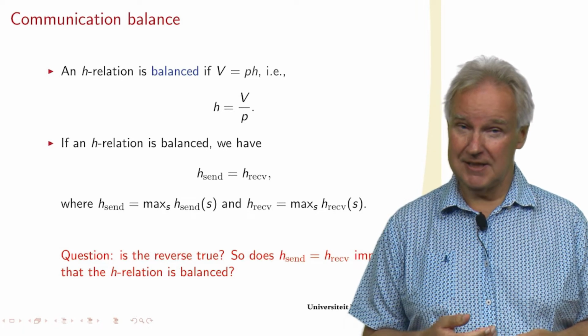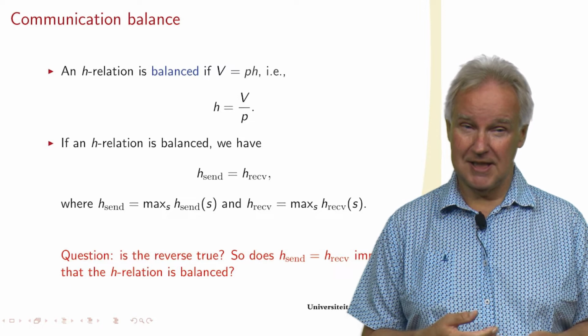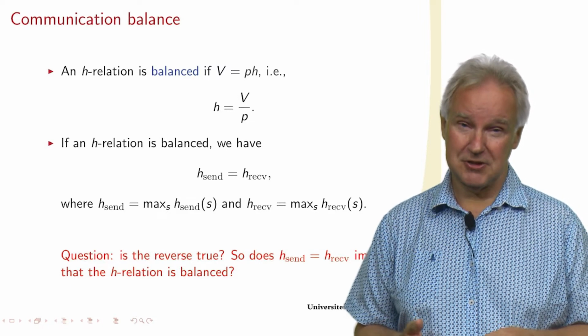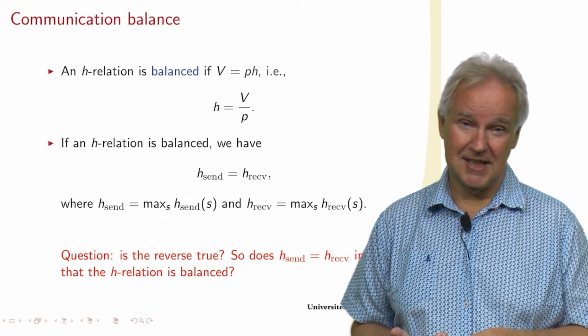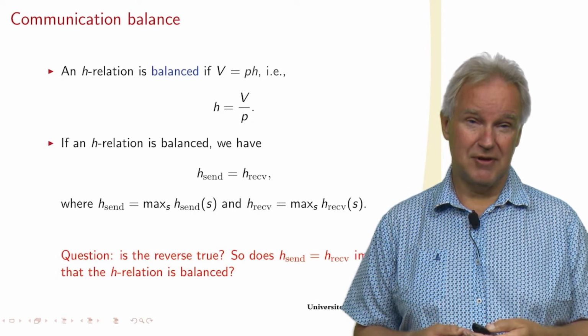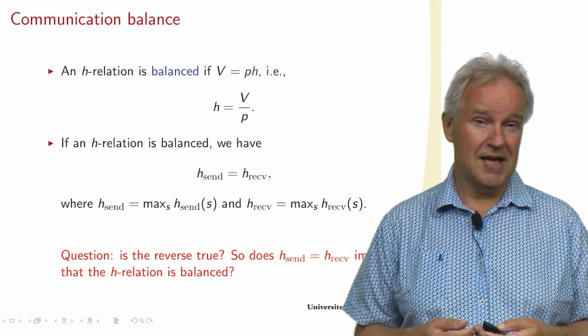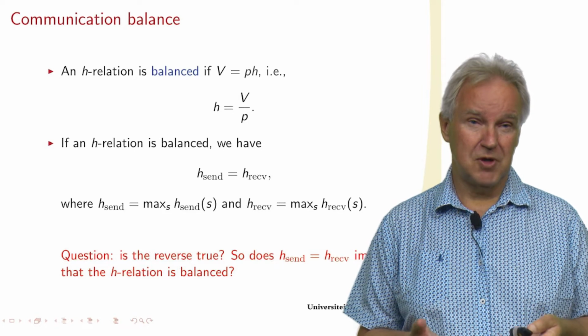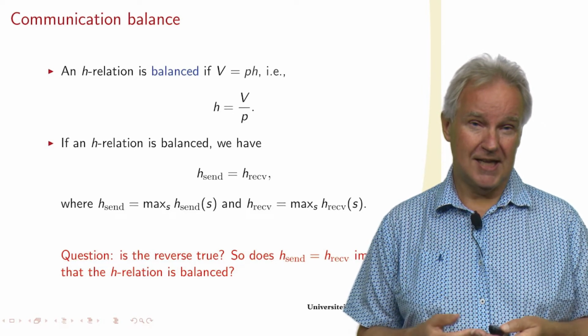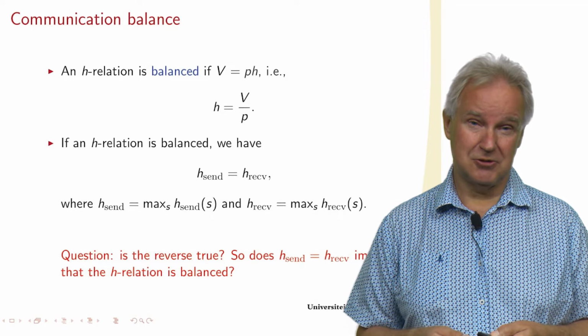But on the other hand, if we have this equality, it could be that one processor is very busy sending, another is very busy receiving, and the others don't have to do a lot. And then we don't have a balanced H relation.